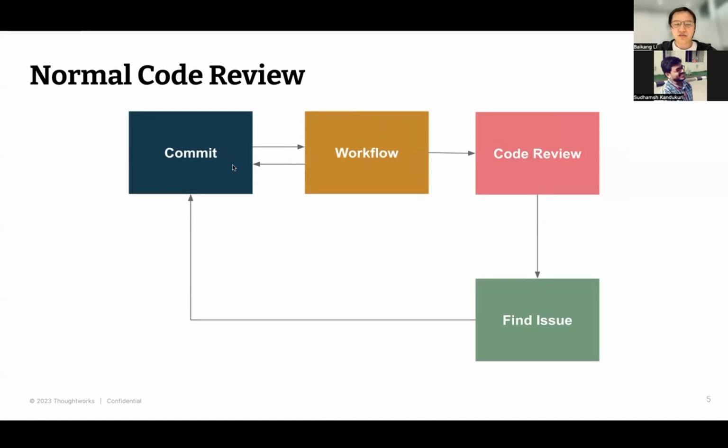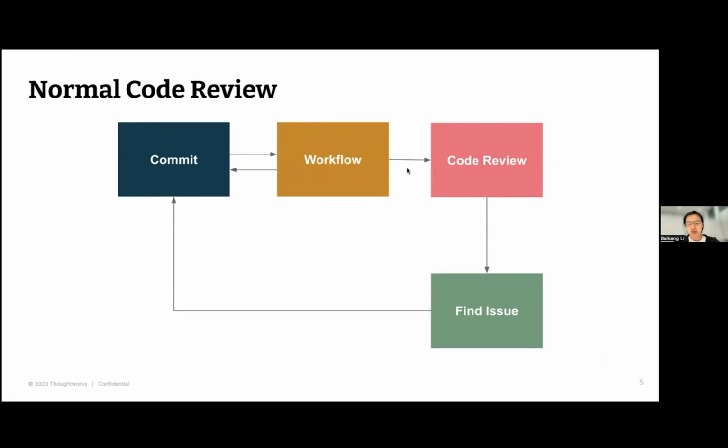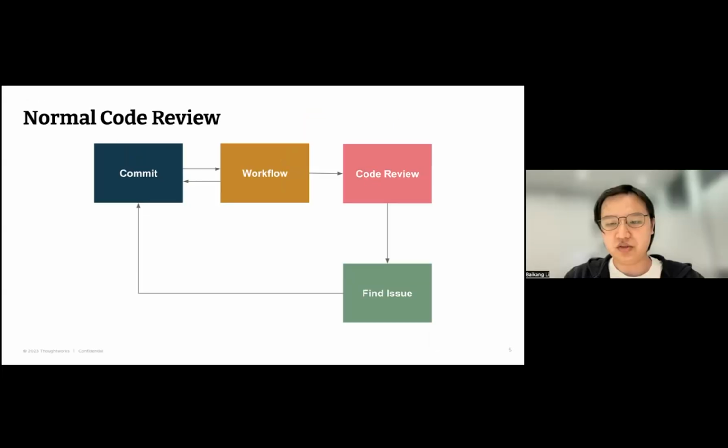They will respond to your code, maybe you have an issue here, or maybe you are using something insecurely. After the workflow all passes, the team will start the code review session. During the code review session, they will find some issues or suggestions, and then the devs go back to the commit.